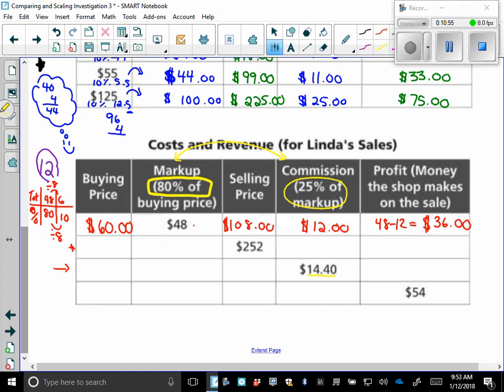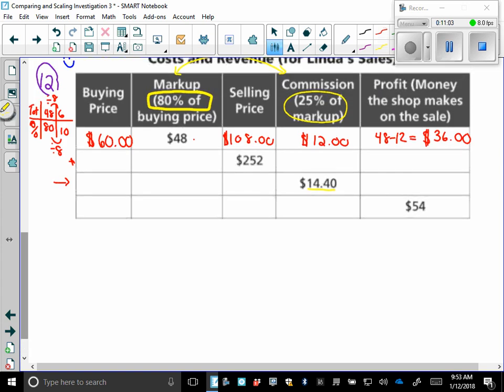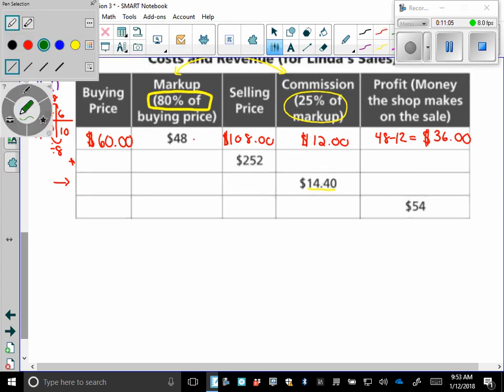Yeah. So I did a ratio table, and I did $14.40 over 25% basically. Okay. And then I divided it by 4. And then Ainsley, what'd you do? So that works.